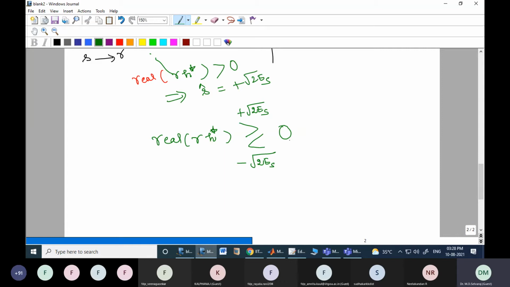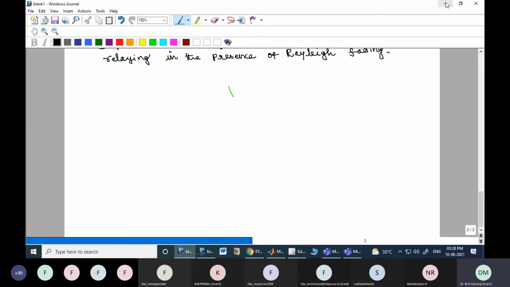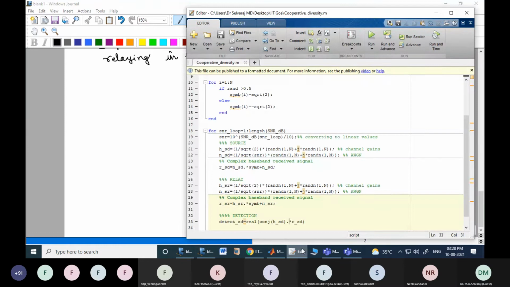That's the matter. Now let us go to the program side. This is the ML detection I have written here. It is the conjugate of H times the received symbol. I just compute and keep it here. Later on, I will check whether it is greater than 0 or lesser than 0. This is detection at the source, detection at the destination.